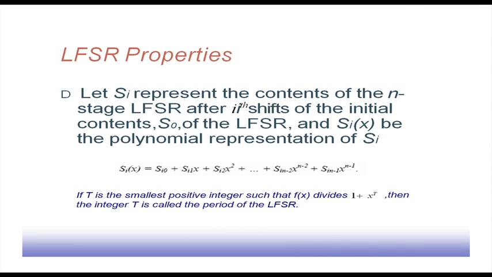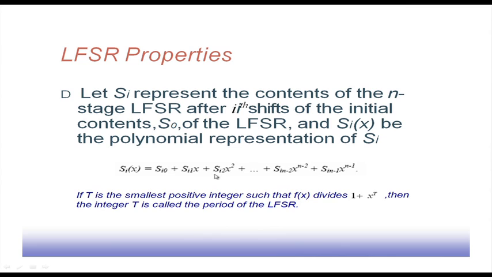The content of the LFSR at any point of time can be represented by S I x, the polynomial representation of S I, which is given by S I 0 plus S I 1 x plus S I 2 x square and so on.